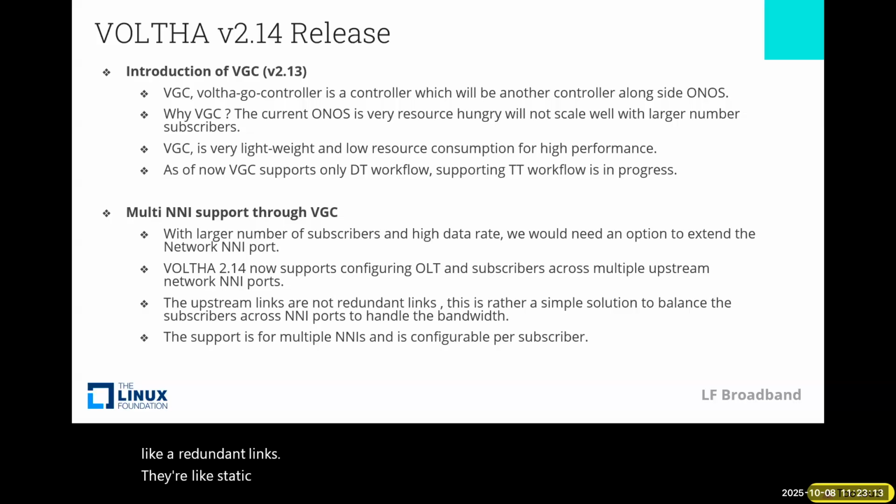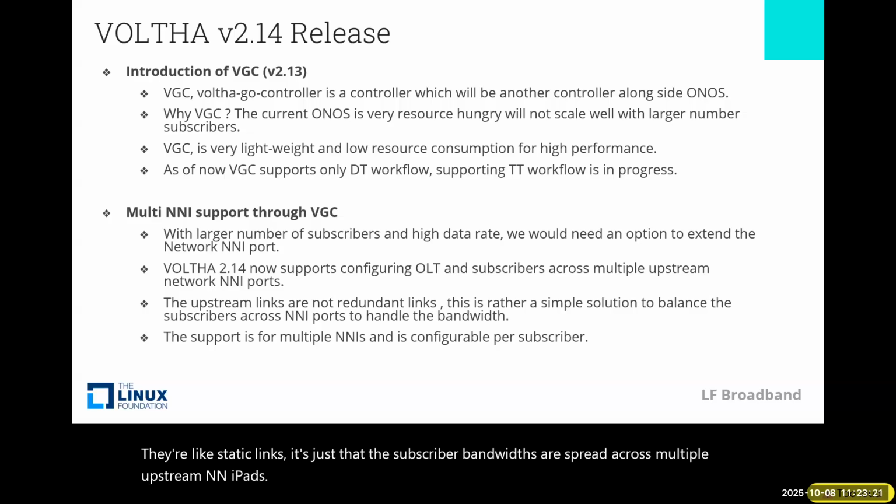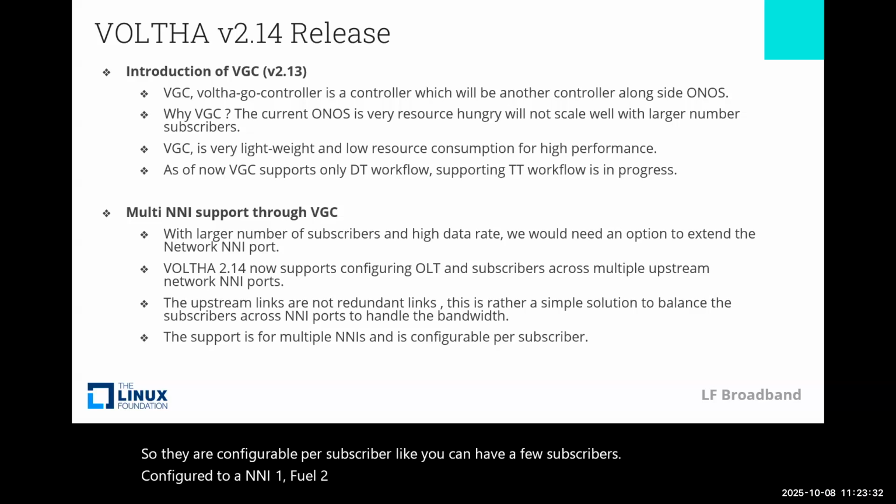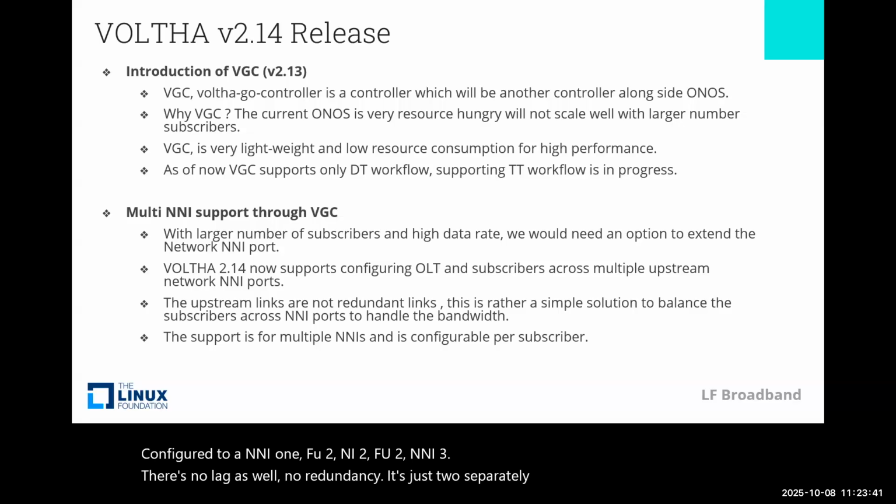It's just that the subscriber bandwidth is spread across multiple upstream NNI ports. So they are configurable per subscriber. You can have a few subscribers configured to NNI 1, a few to NNI 2, a few to NNI 3. There's no LAG as of now, no redundancy. It's just separate links over which the subscriber traffic is shared.